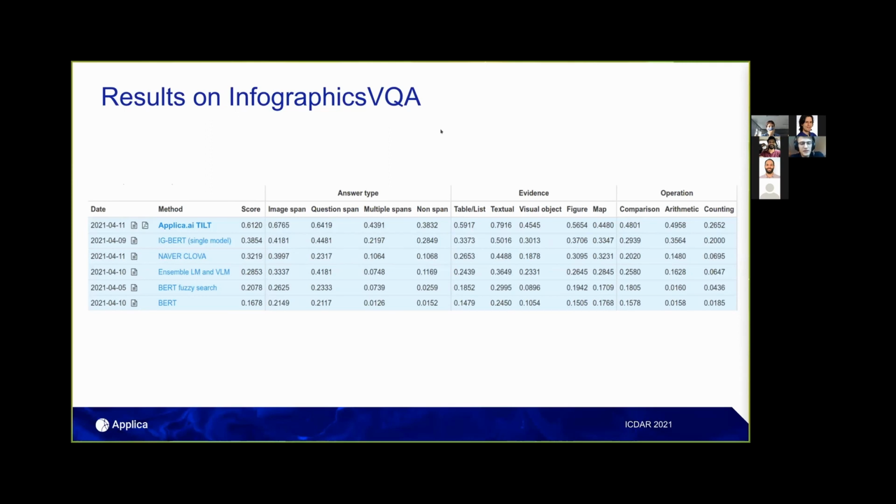And the results for the Infographics VQA task are as follows. We managed to take first place, outperforming the second placed model by about 23 points. And from what we can see in the table, the hardest answer types were the non-extractive ones and the ones which required counting something.